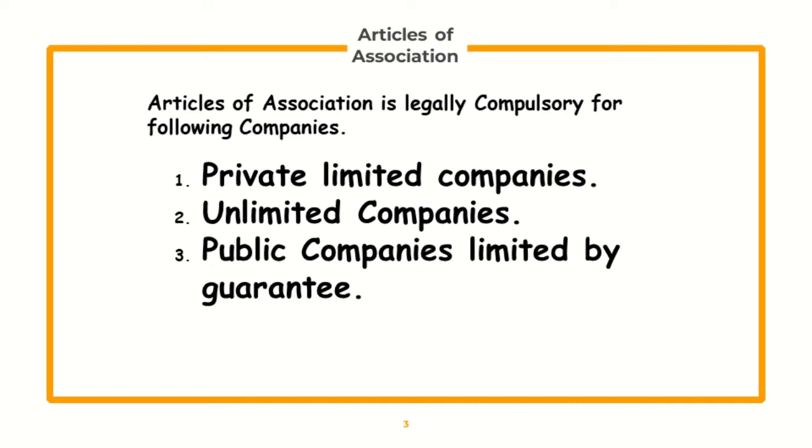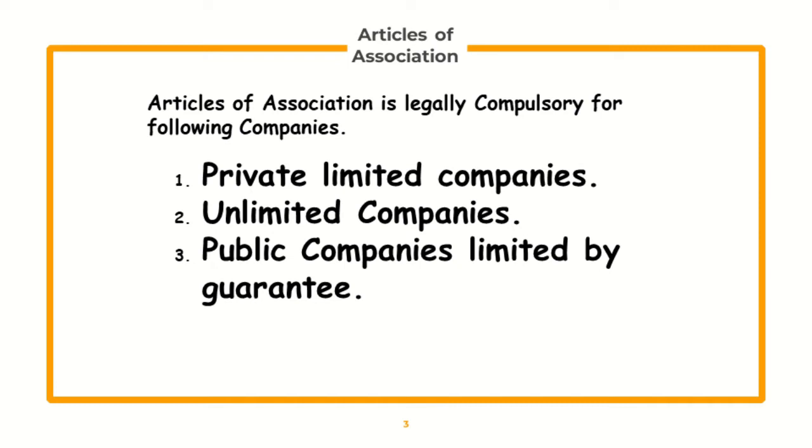A public company limited by shares may either frame its own articles of association or adopt the rules and regulations contained in Table F of the Companies Act. So, three alternative courses will be available to a public company limited by shares.